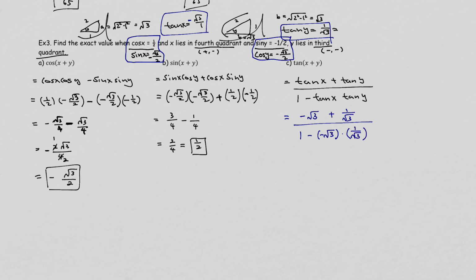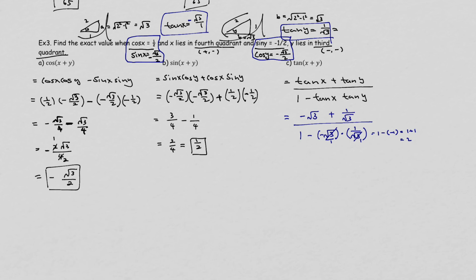Because you didn't rationalize, this will cancel out, because this is square root of 3 over 1 times 1 over square root of 3, right? So this denominator is the same as 1 minus negative 1, which is 1 plus 1, 2. So your denominator will be 2.